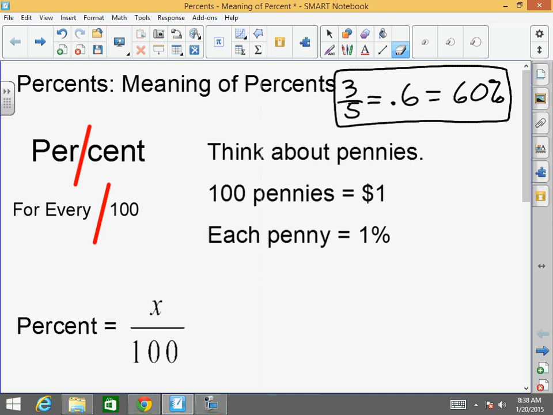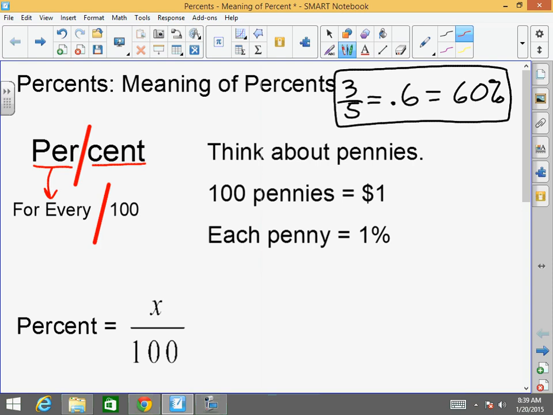Now, when we talk about the word percent, I want you to break that up into its roots. You have per and you have cent. Per is for every.